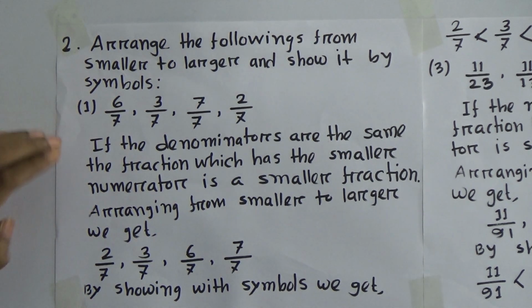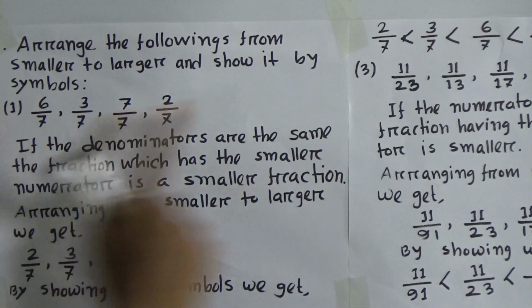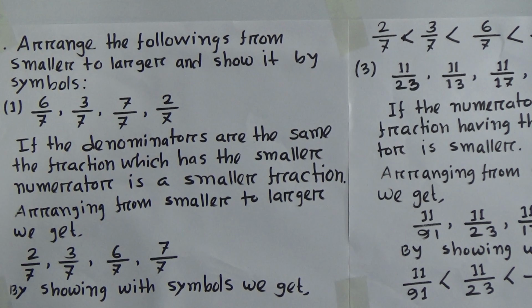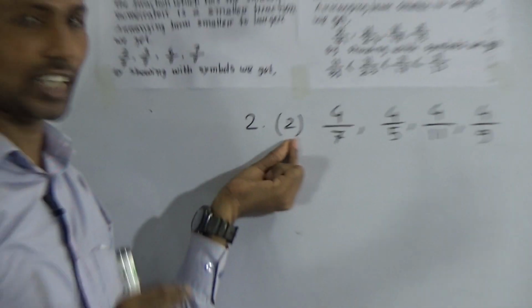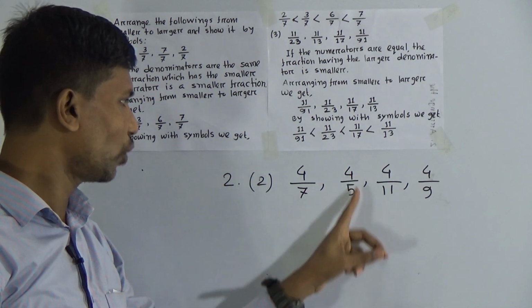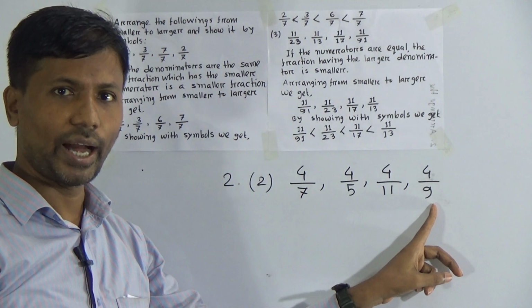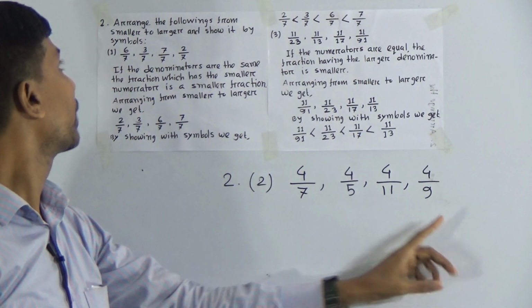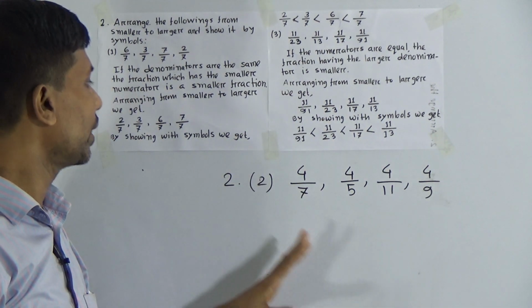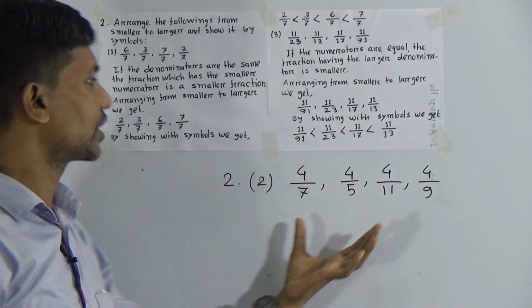I have solved here question number 1 and 3, but I didn't solve question number 2, that means sub-question 2. You see, 4 by 7, 4 by 5, 4 by 11, 4 by 9. Arrange the following from smaller to larger and show it by symbols.